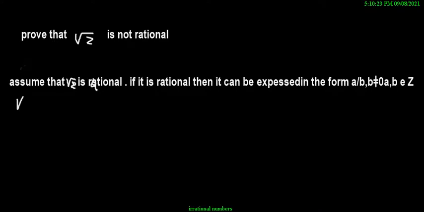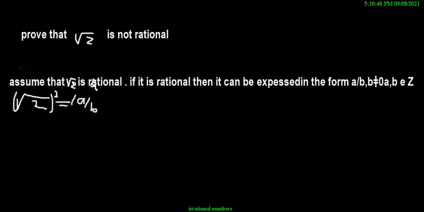So we say the square root of 2 is equal to a over b. Okay, so when we square it, we get rid of the square root.